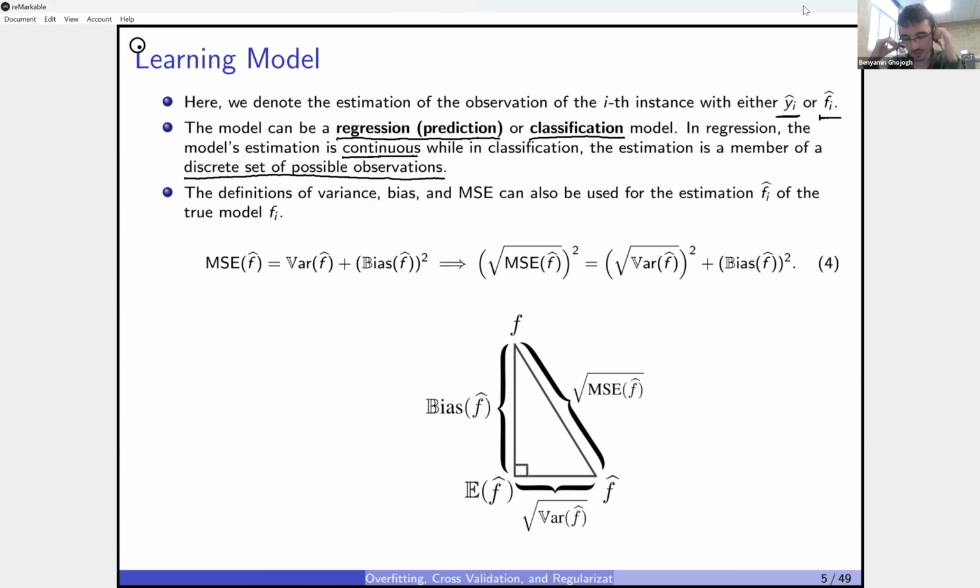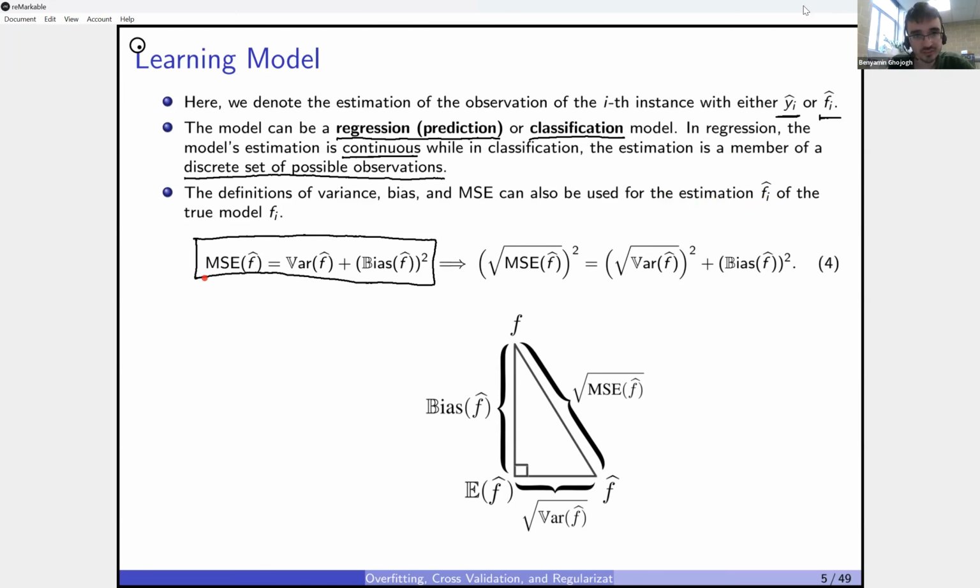Okay. The definitions of variance, bias, and mean squared error, MSE, can also be used for estimation of fi hat. There is a formula between mean squared error, variance, and bias, which is this. Mean squared error of a random variable equals variance of that variable plus bias of that variable squared.